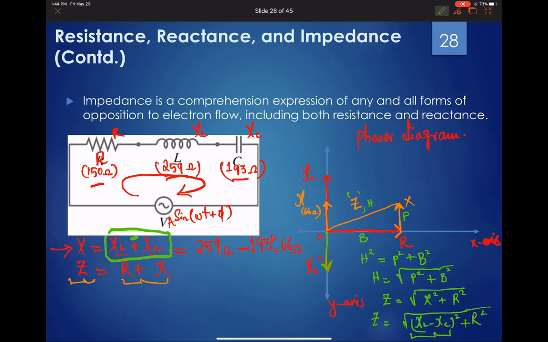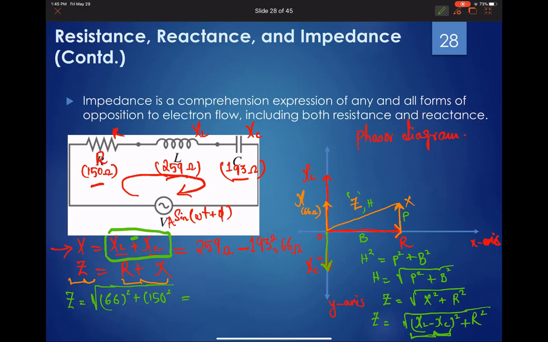I'm going to plug in the values given in the circuit and find the impedance of the circuit. I have already calculated this part right here, which is 66 ohms. Taking the square of that, plus the resistance of 150 ohms squared.